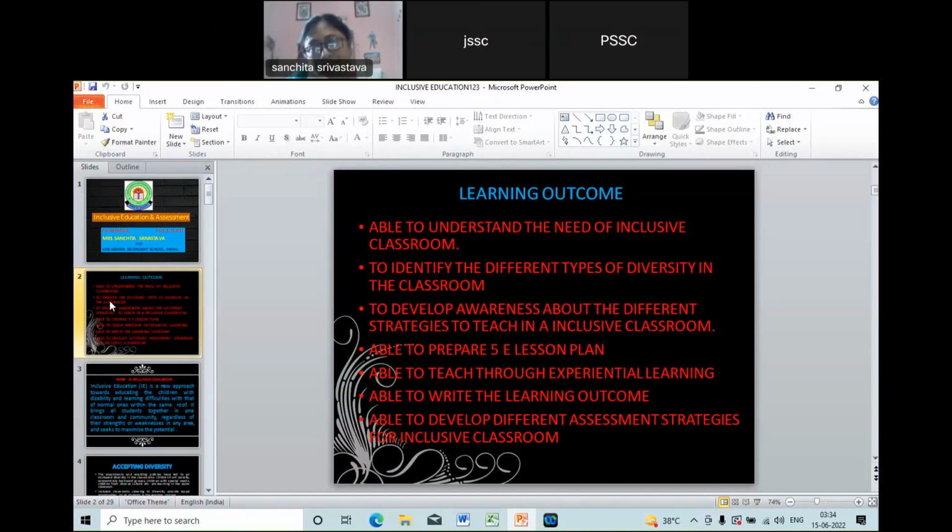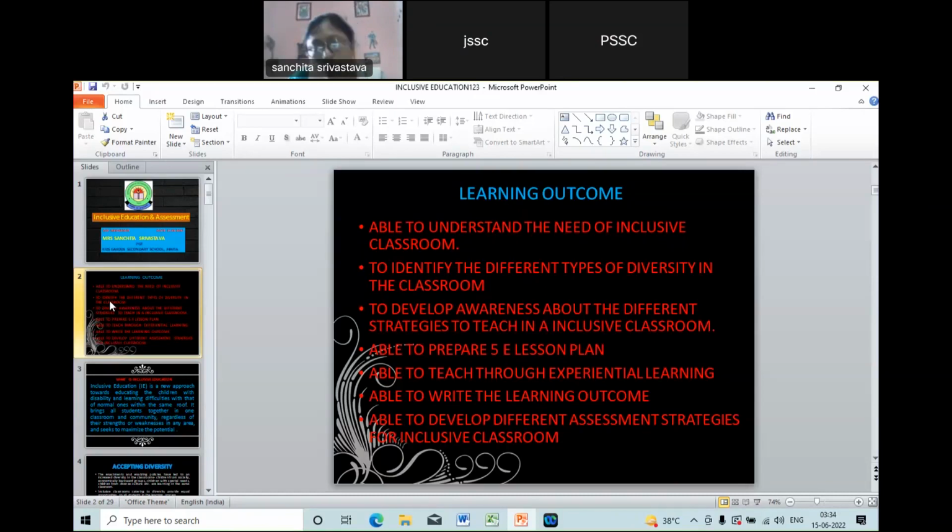After that 5E lesson plan, we'll be dealing with how to handle an inclusive classroom, what the teaching strategies are, and how to teach through experiential learning. This is also one of the important features when we deal with 21st century skills. Then we'll be able to write the learning outcome. This NEP 2020 is basically learner oriented, learner centered.